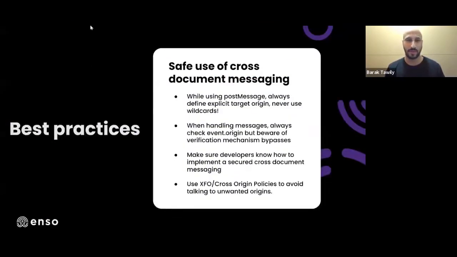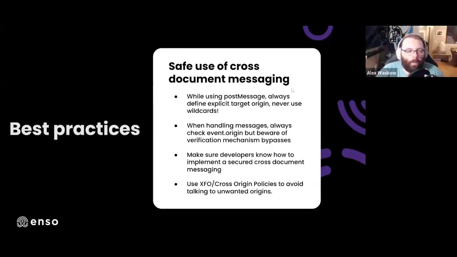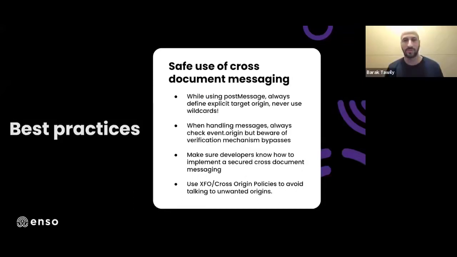Yeah, and can I go through the best practices maybe? Yeah, sure, go ahead. Great, cool. So basically, two of the most important things regarding cross-document messaging are to always declare and define an explicit origin target when you are using the postMessage method, and never use a wildcard. You need to be really strict about that.